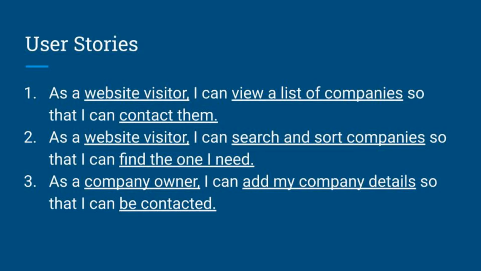And then lastly, a different user, the company owner. As a company owner, I can add my company details so that I can be contacted. So it's a super simple app, super simple user stories, and our aim is just to create something that can do that for the users.